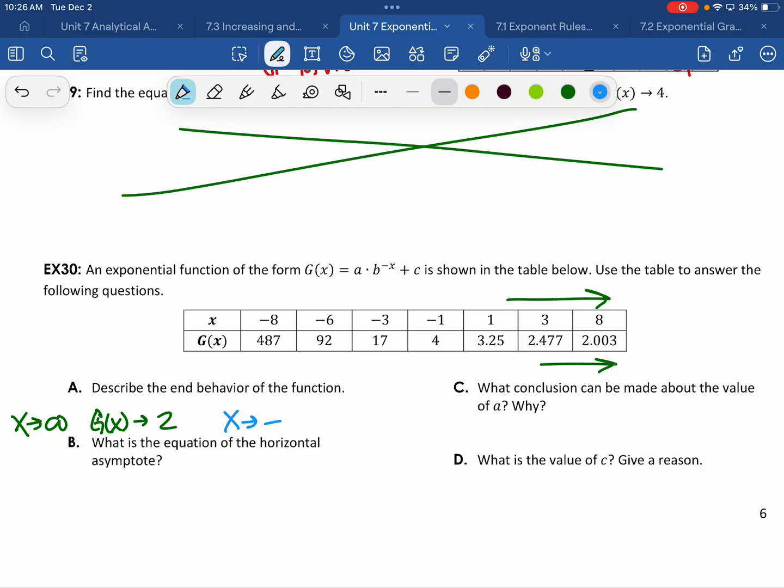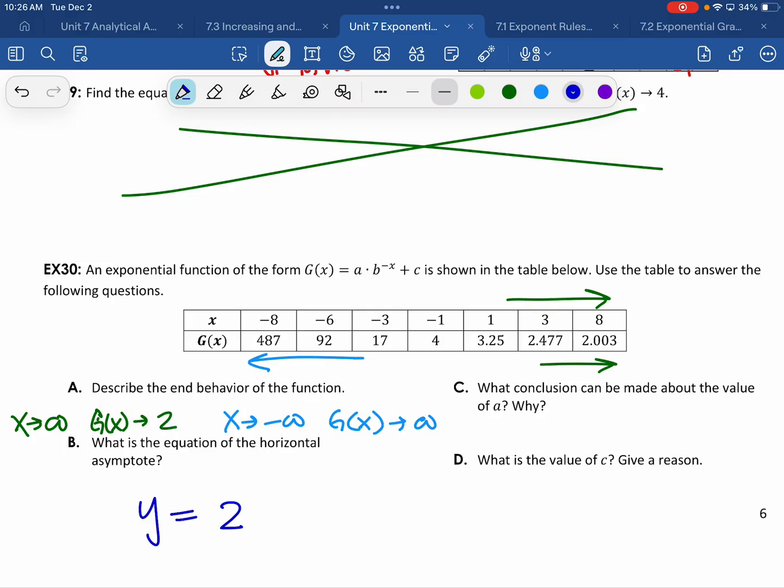The left side is going to infinity; the numbers are just getting really giant: 17, 92, 487. They're not approaching anything, just getting really, really big. Knowing this about my end behavior, what is the horizontal asymptote? 2, because the graph levels off at 2.